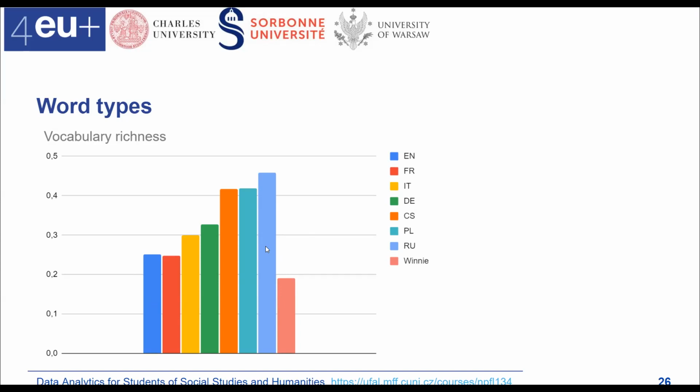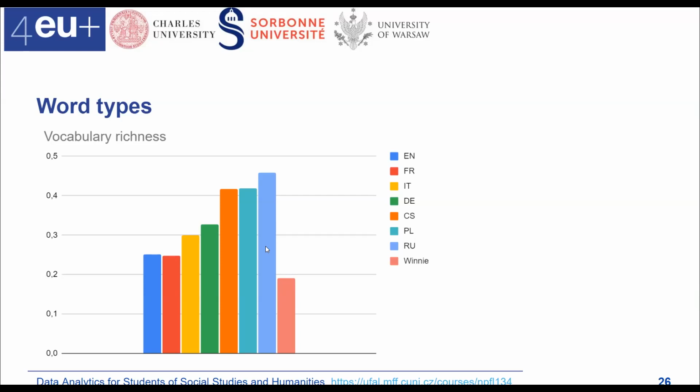So that is the question why these Slavonic languages are richer, and whether it does imply that they are less understandable in the text than the original English and French versions.